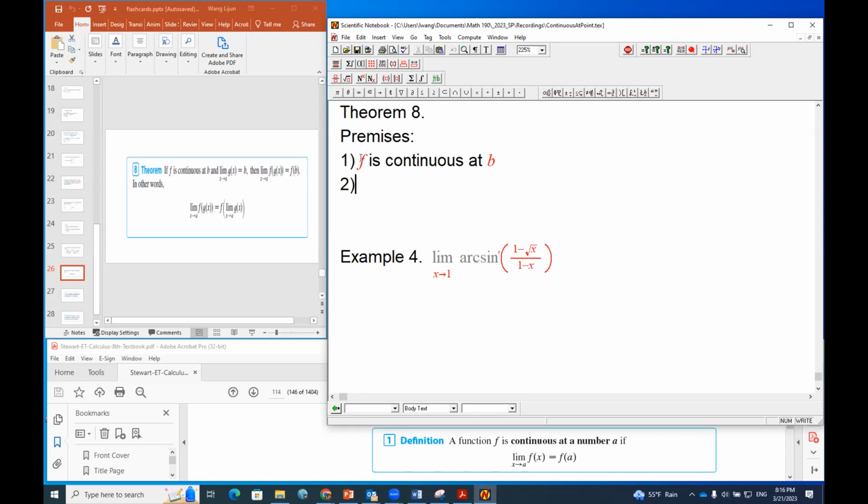Second condition: there's a limit as x approaching A of G of x equals B. You could actually make this number 2 and this number 1.